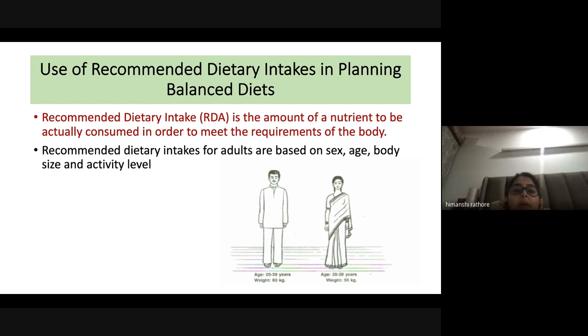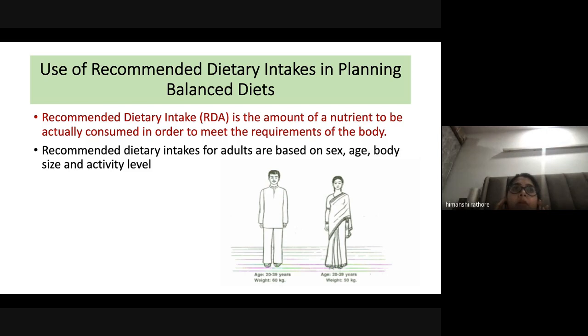But in simple language, it is the amount of nutrients which is required to meet the requirement of the body. If you have to perform a certain function, then nutrients have to be consumed in the right amount. You can say a quantified amount, which is given in a table.